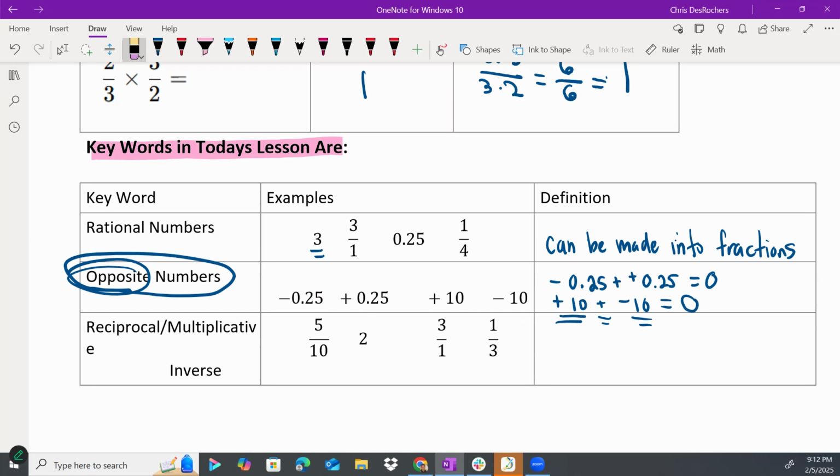So again, we have opposite numbers. We'll pause the video for a moment and tell me what you think the definition of these opposite numbers is going to be.